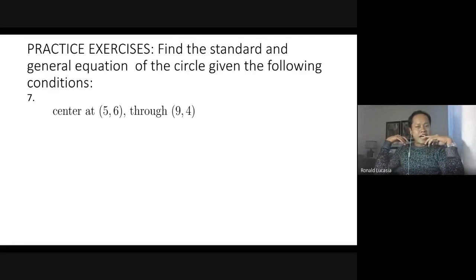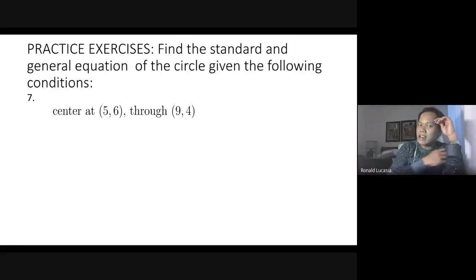Any idea? May nakakaalam ba ng gagawin? May formula tayong gagamitin dyan para tayo magka-radius. Ano kaya yun?